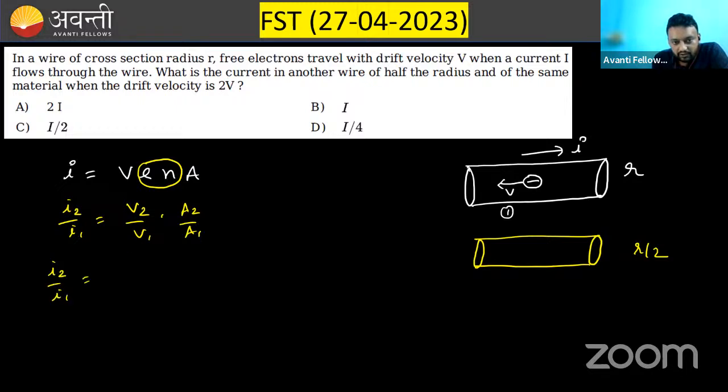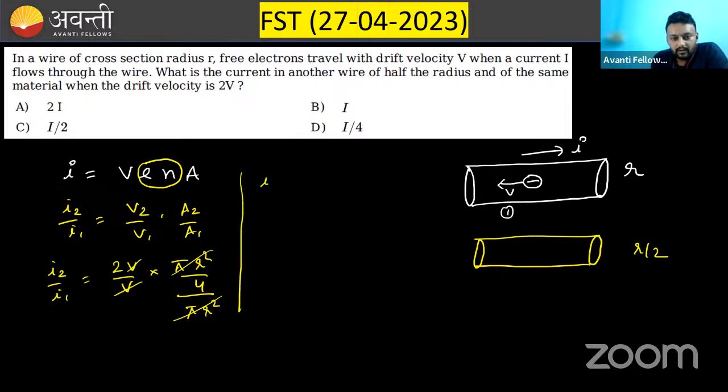I2 over I1 is equal to V2, they want drift velocity to be 2 times, that is 2V over V, into area pi, second wire has a radius R by 2, that is R square by 4, divided by A1, which is pi R square. Pi R square is cancelled. V and V will be cancelled. So I2 by I1 will be 1 is to 2. So I2 will be I1 by 2.